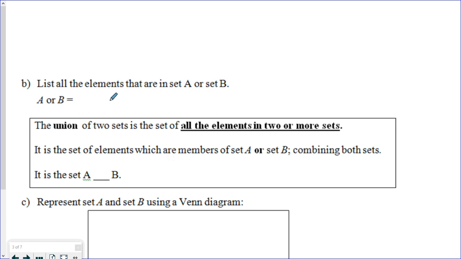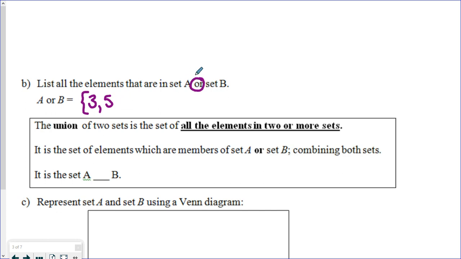So list all the elements that are in set A or set B. So this is anything that's in set A or set B. So first number we see is 3. That's in set A, so it is in set A or set B. 5.